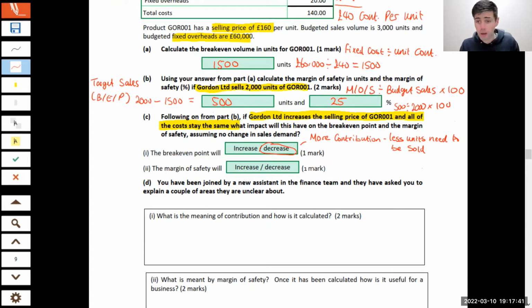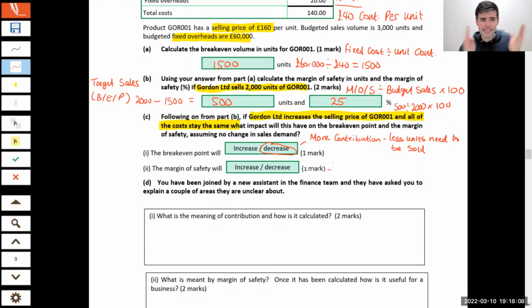Okay, margin of safety. Now, looking at the answers that people put in the chat box, it seems that the general consensus is the margin of safety is going to increase. So again, let's have a quick chat about that and expand on it a little bit. We've already said the margin of safety is our buffer zone between targeted sales and the break-even point. We've just said the break-even point is going to change, isn't it?